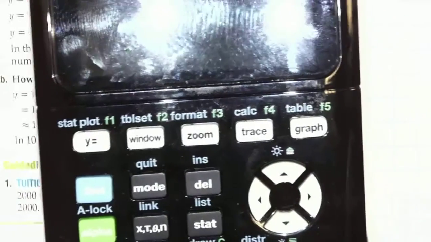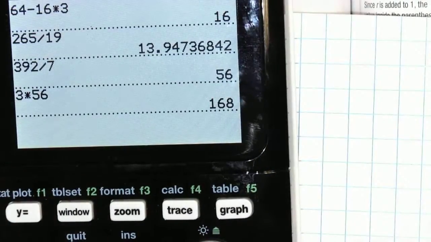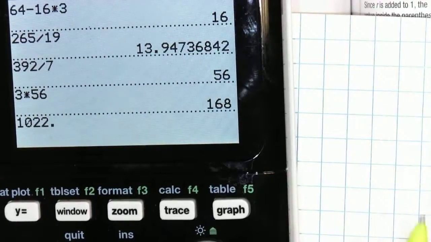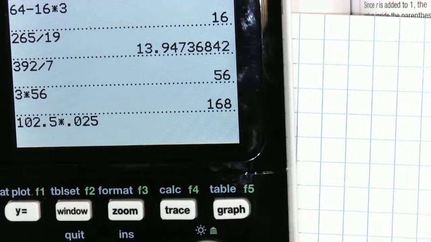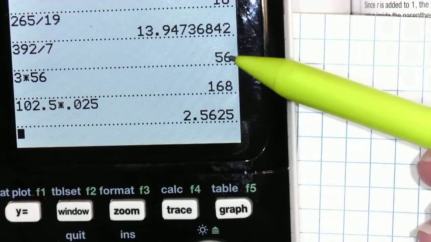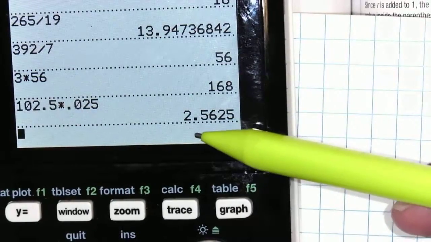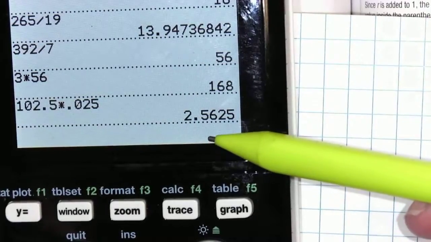We're going to take 102.5 times 0.025. So actually, instead of making $2.50, it's increasing by $2.56.